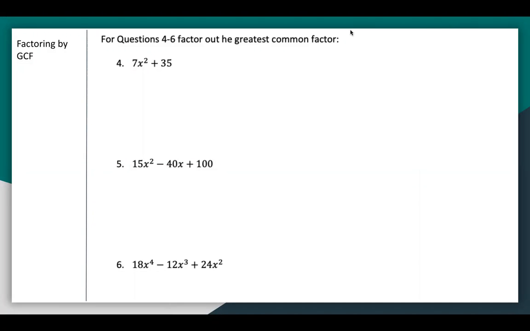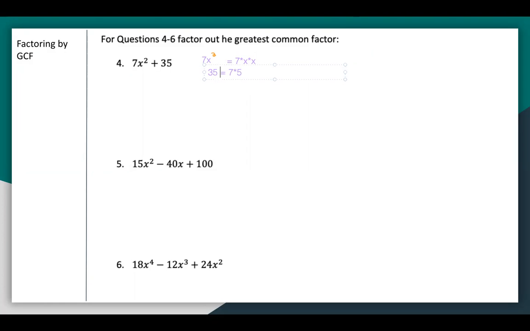While thinking about this, let's see if we can figure out what we're going to be pretty much undistributing out. Let's see what we're going to take out of each term. So 7x squared is the same thing as saying this is 7 times x times x. And 35 is like saying 7 times 5.